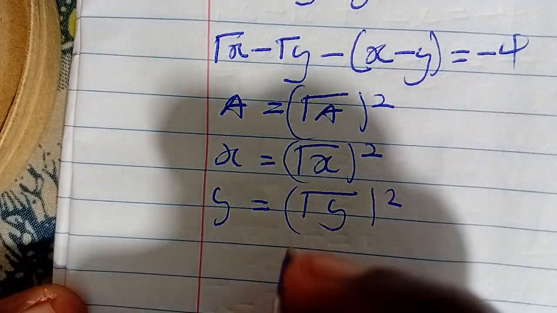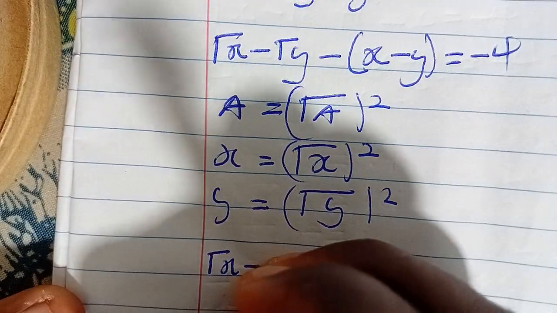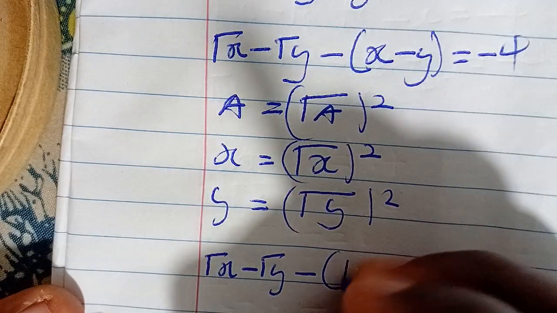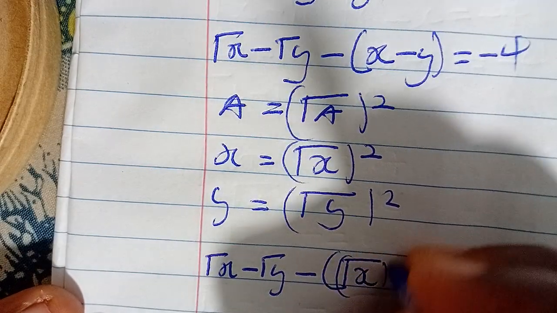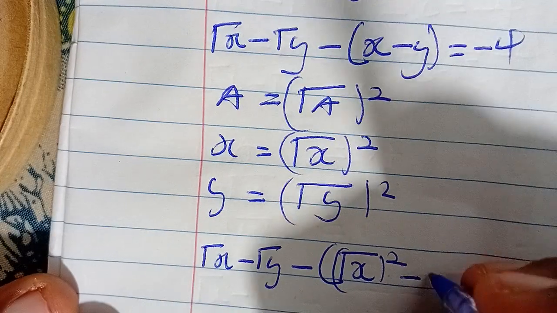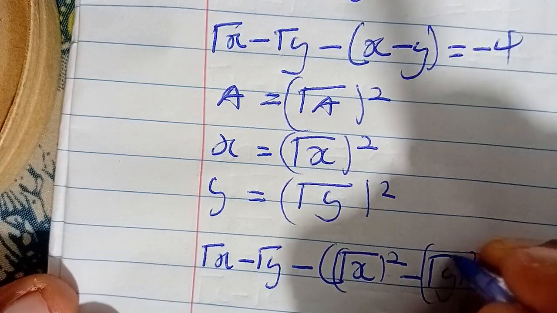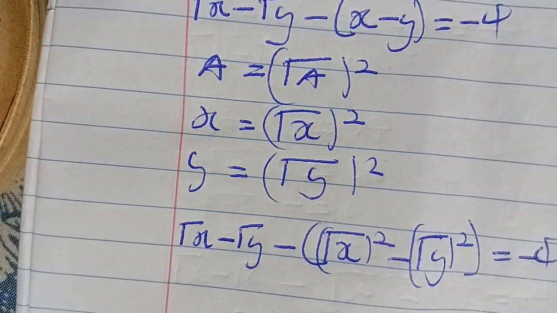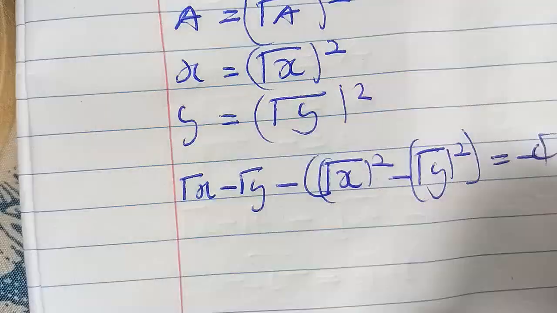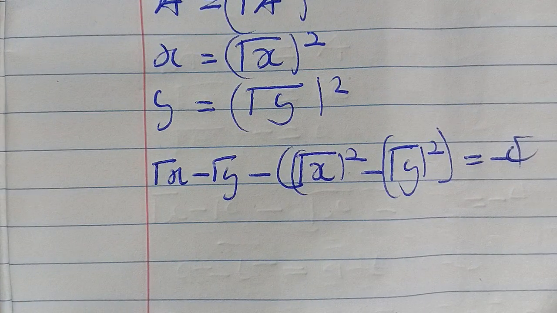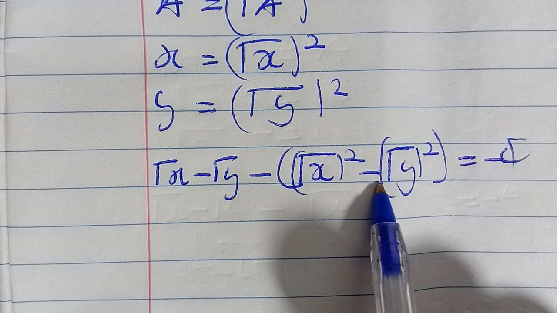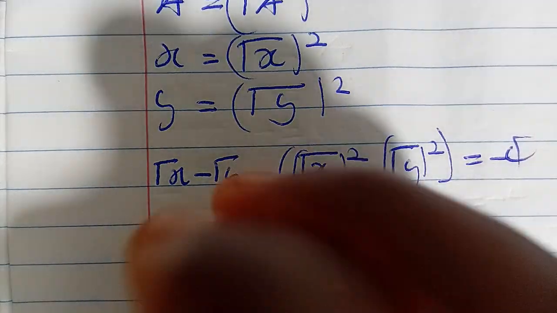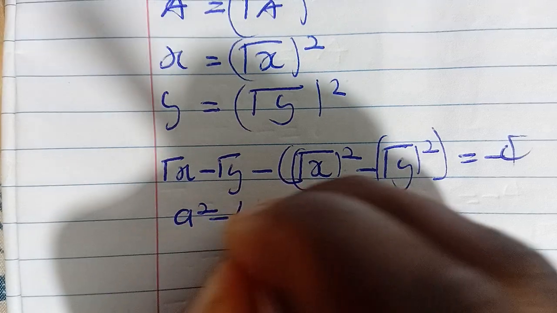So you're going to have root x minus root y minus, in place of x you have root x all squared, in place of y you have root y all squared, equal to minus 4. Now this expression follows the difference of two squares, because you have a squared minus b squared.